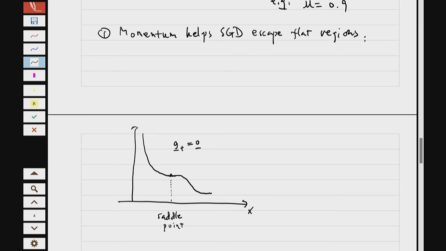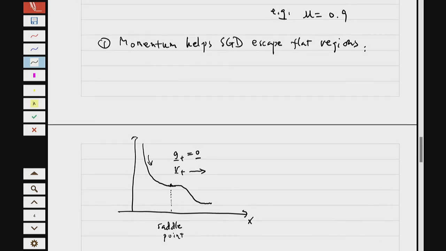But since you're going down this hill, you have some previous direction. You know that you're going to the right. So if you just remember your past history, you know that the velocity is going this way. Therefore, when you substitute this into the update, you will not get stuck here. You just keep pushing to that side.